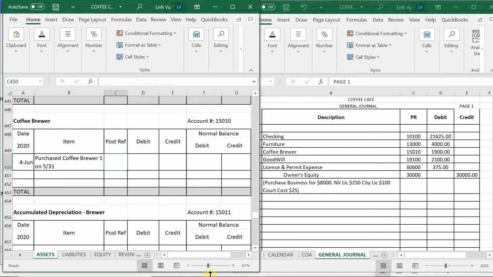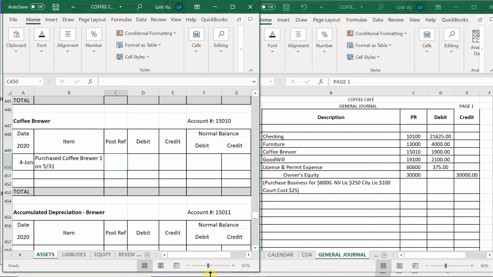Because you have an account, you create a ledger too for the sub account, for every single account that exists in your chart of accounts. That's why when you do QuickBooks, we have main accounts and sub accounts, and they all have account balances. Yes, and they all have a ledger too. That's exactly what a ledger does.